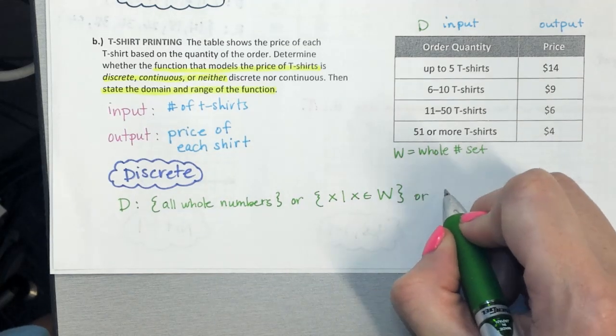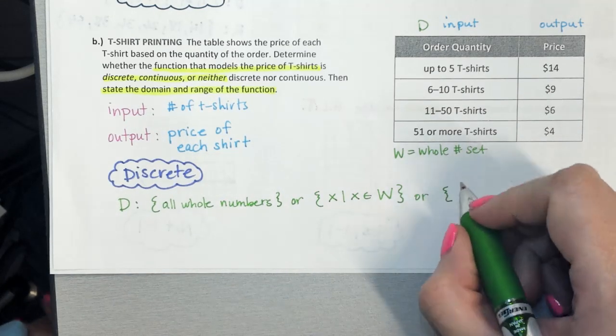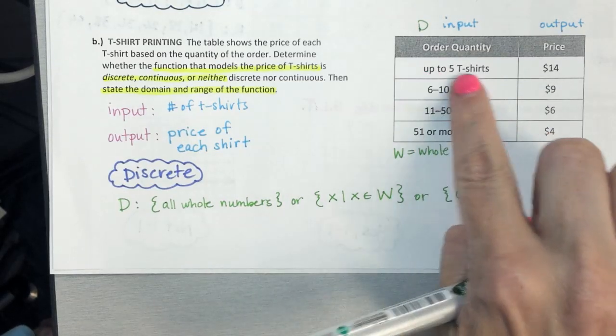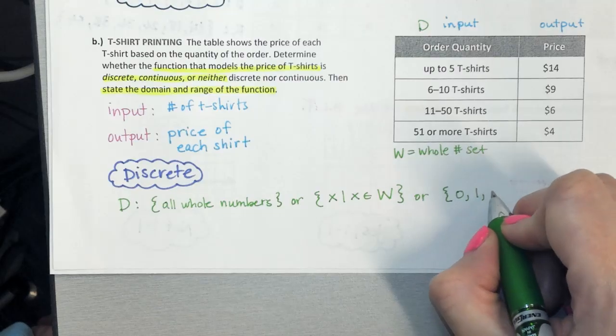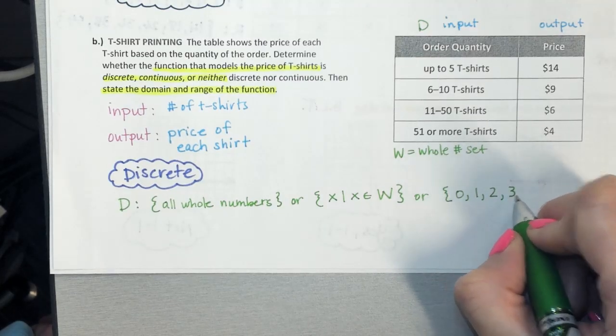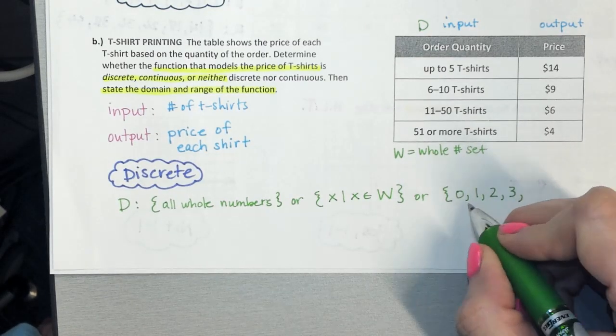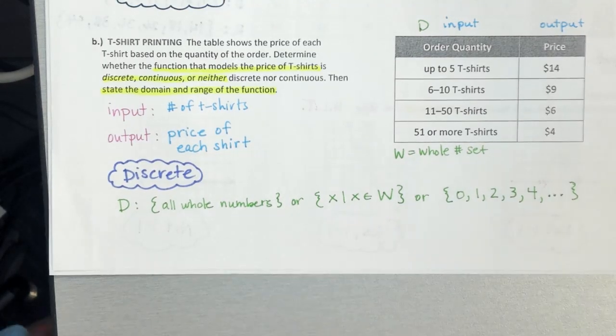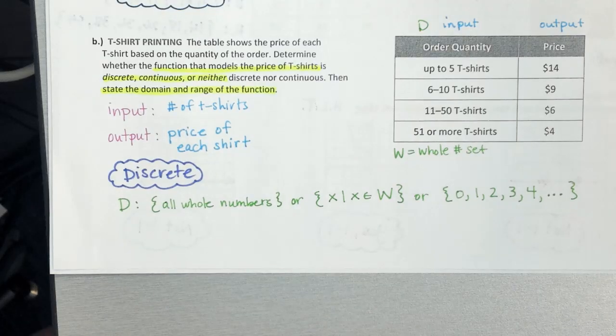Or the last way you could write it is you could start listing them. So up to 5 shirts means 0, 1, 2, 3, 4, 5. When it's a list like this, you can just list the first 5 and then you can put a dot, dot, dot to show that it's going to continue. Okay.